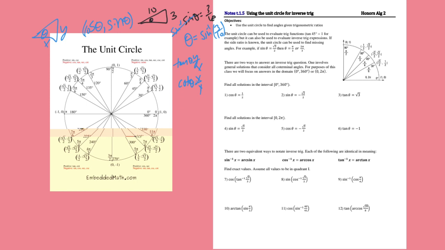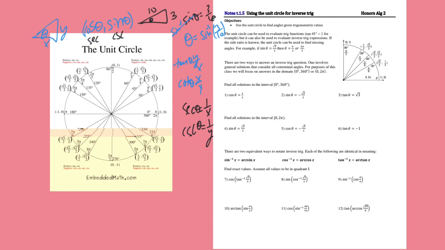The secant is going to be the reciprocal of the cosine, which is x, so 1 over x; you flip over the x-coordinate. The cosecant is going to be the reciprocal of sine, so you flip over the y-coordinate. So if you want to write down cosine is x, sine is y, secant is flipping over the x, and cosecant is flipping over the y. That could be a shortcut for you guys.